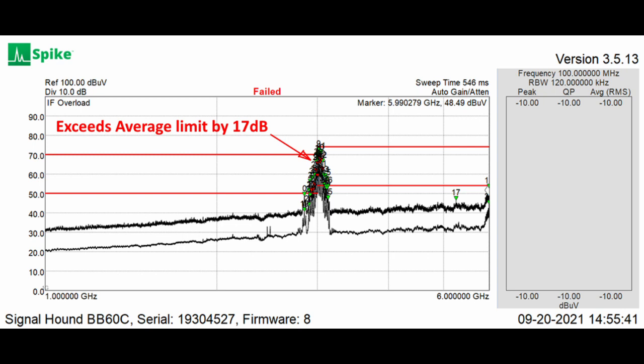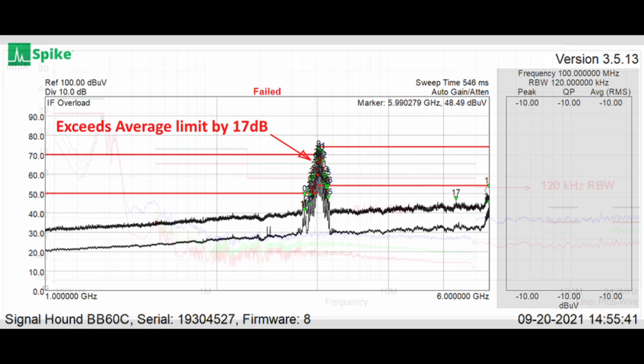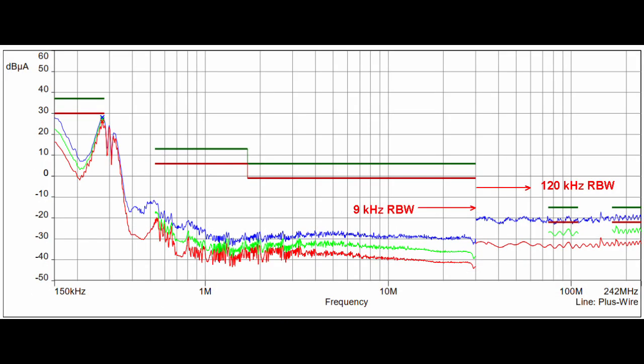Because when we measure radiated or conducted emissions, we have to perform the test as a pre-measurement and then a final measurement, and in that we detect the noise in two modes. One is average, the second is peak.